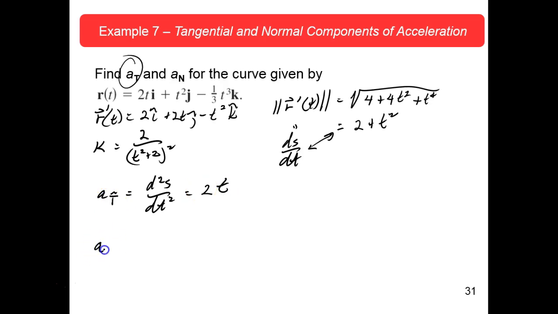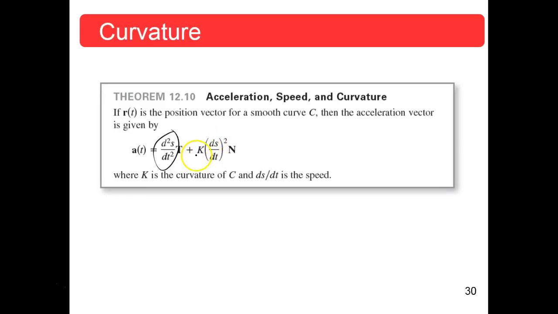Your a sub n, unit normal vector, go back here, and that's your curvature times your speed squared, basically, okay? That's what they call it here.